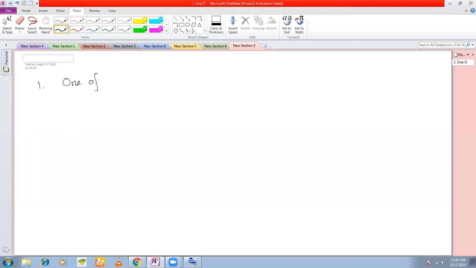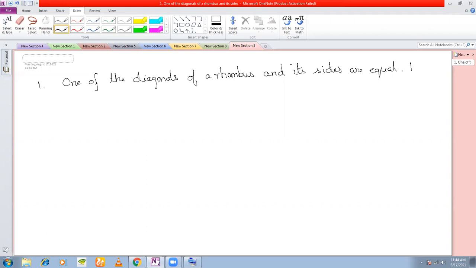The question is: one of the diagonals of a rhombus and its sides are equal. Find the angles of the rhombus.